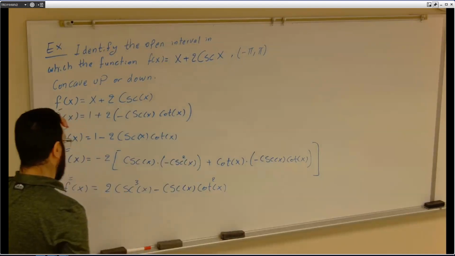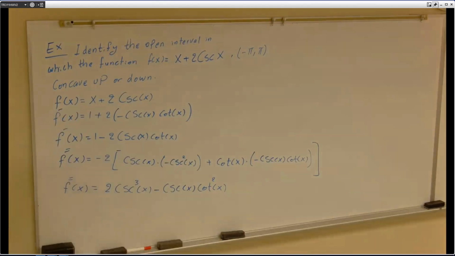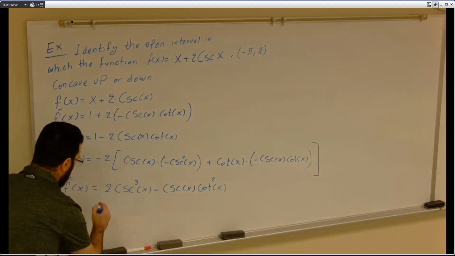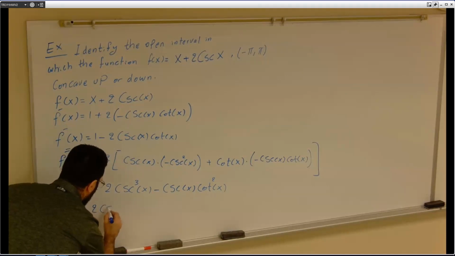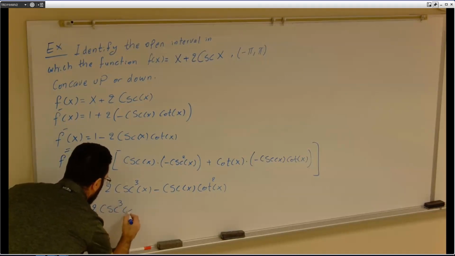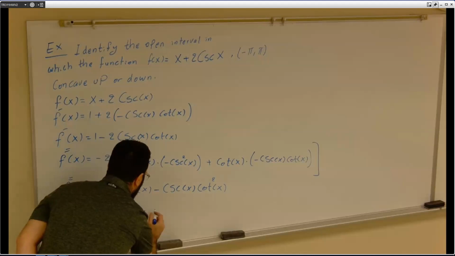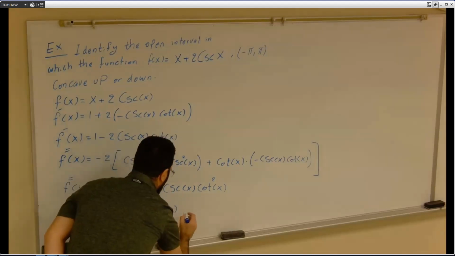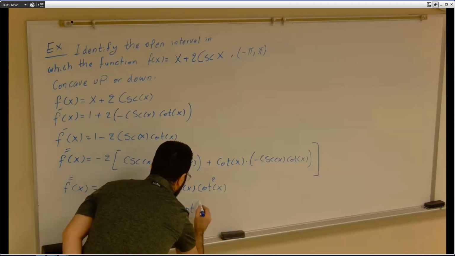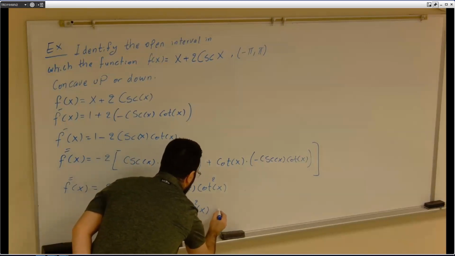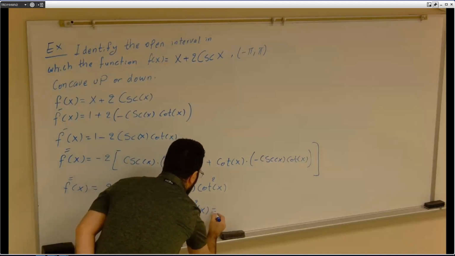So here's our second derivative. Now we need to find the critical numbers. So I set my second derivative equal to 0: 2 cosecant cubed x minus cosecant x cotangent squared equals 0.